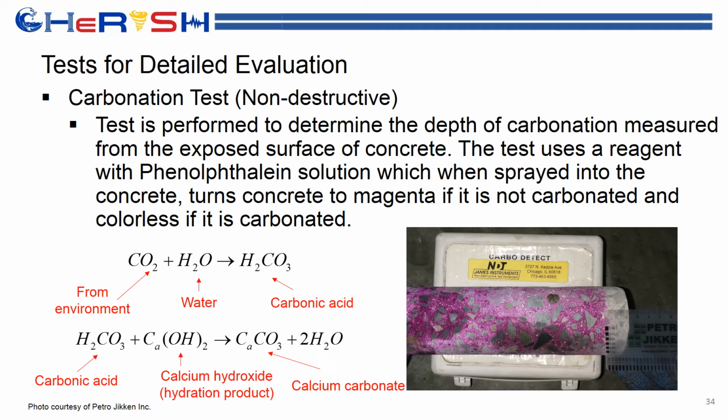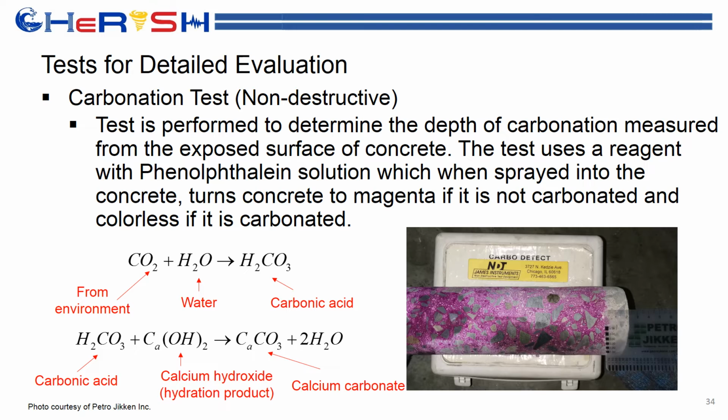And this test, the carbonation test, is really performed to determine what we call the depth of carbonation. And in doing this test, we use a reagent solution, phenolphthalein solution, which when sprayed onto concrete, turns the concrete magenta if it is not carbonated, and colorless if it is carbonated.